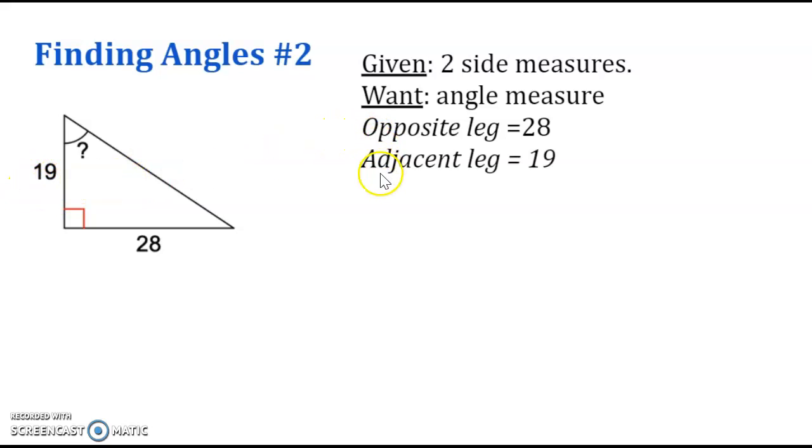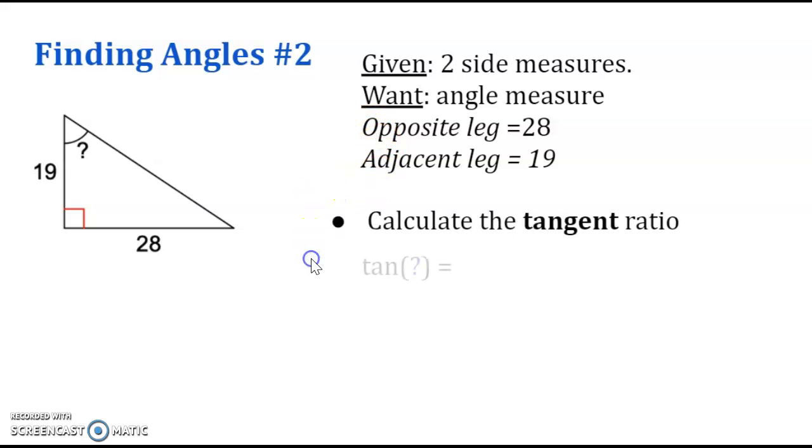So what is the trig ratio that deals with opposite and adjacent? That's tangent. Okay, so tangent of the question mark angle measure is going to be equal to opposite over adjacent. That's going to be 28 over 19. And if I use the calculator, I get approximately 1.47.